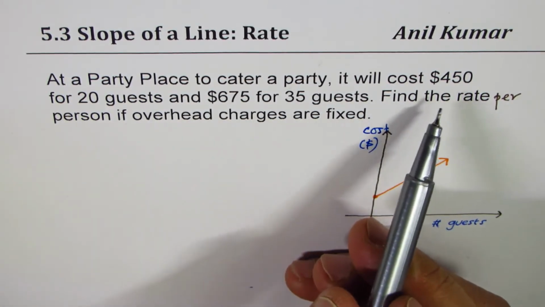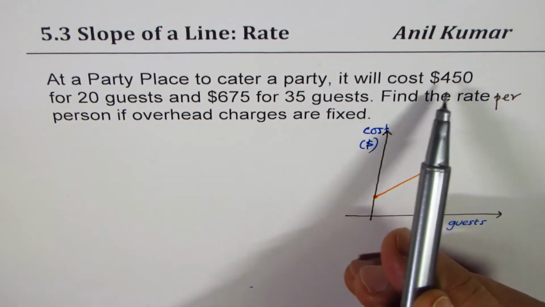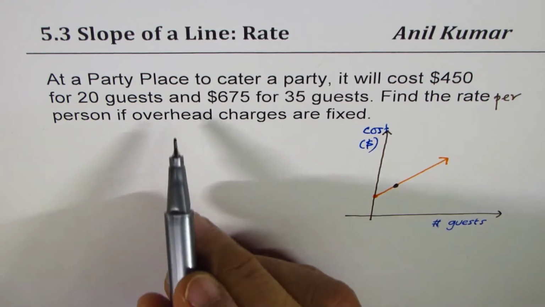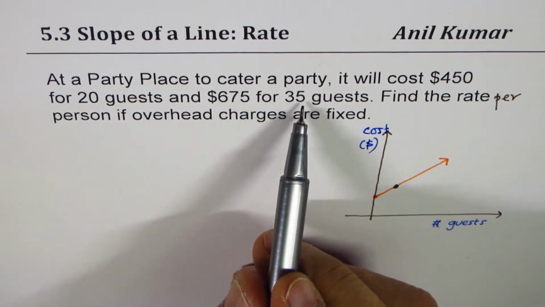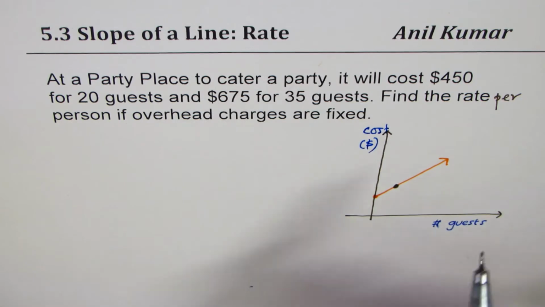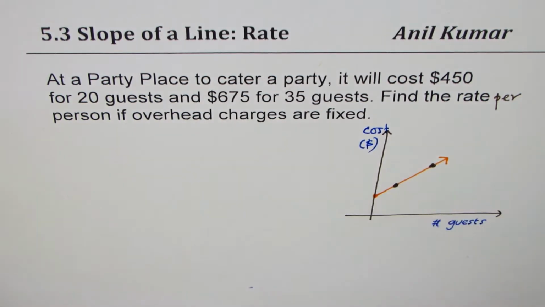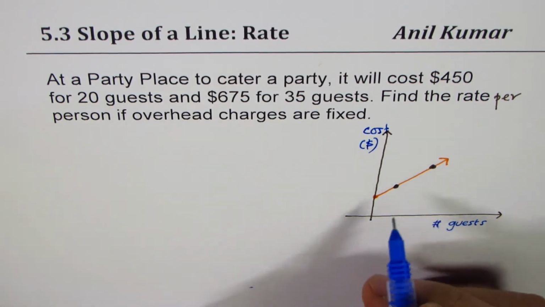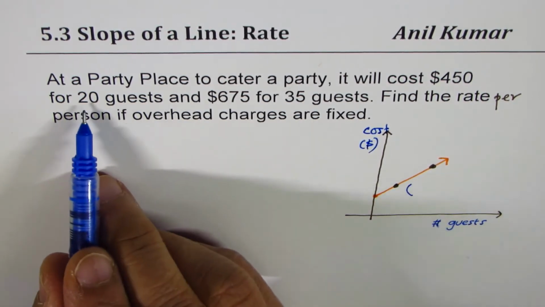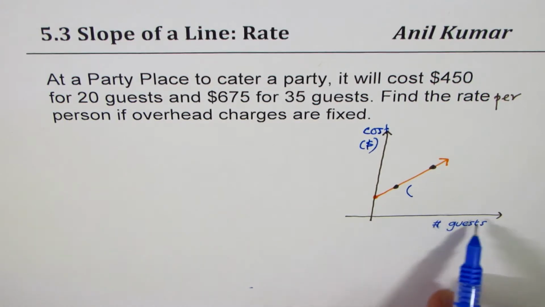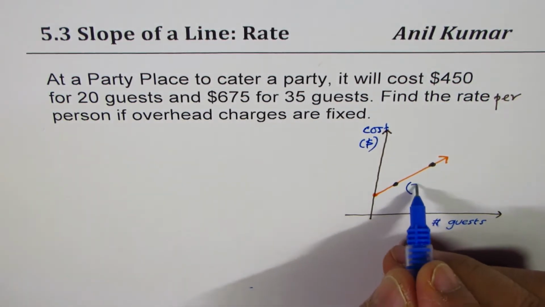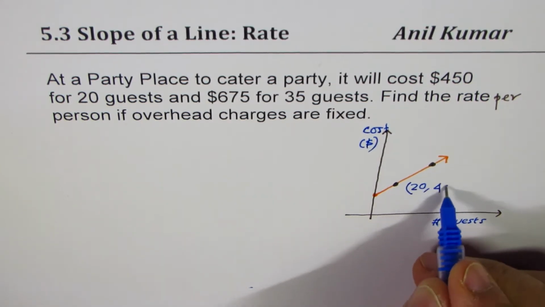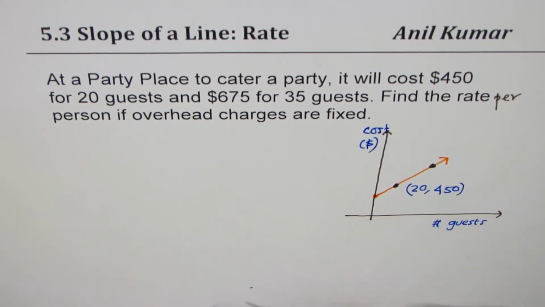Two points are given to us. When we say it will cost $450 for 20 guests, this is one of the points. The other one is for 35 guests, the cost is $675. Treat these as two points on your straight line. The first point has coordinates of 20 guests along the x-axis first, and the cost along y is 450.